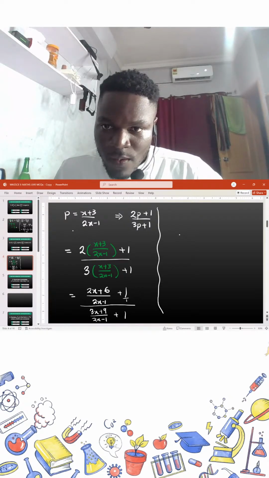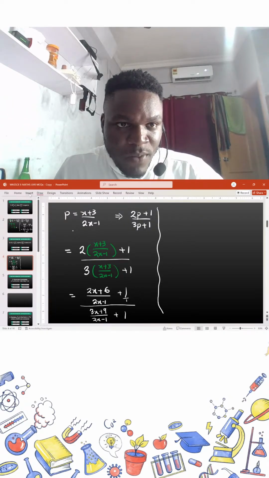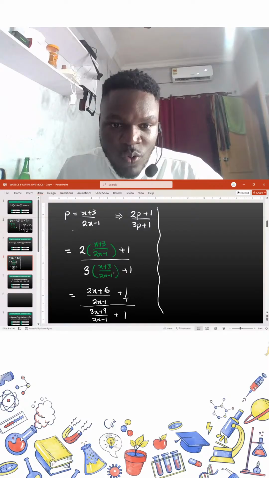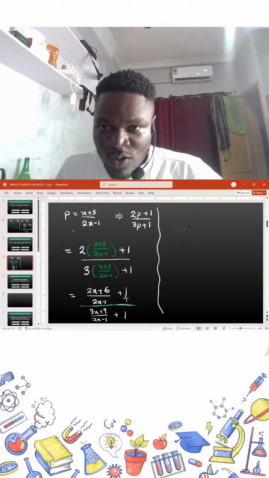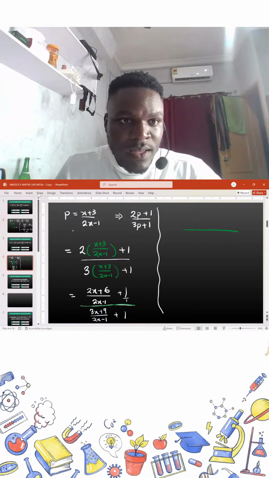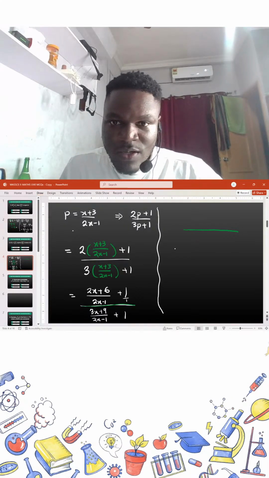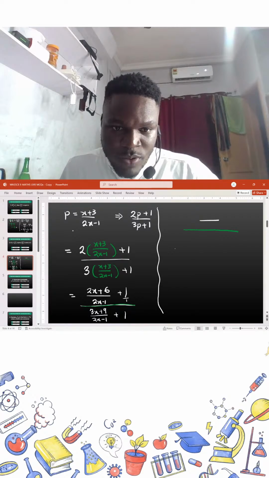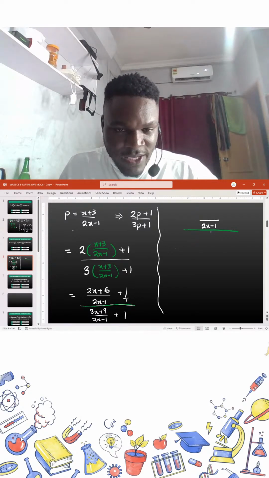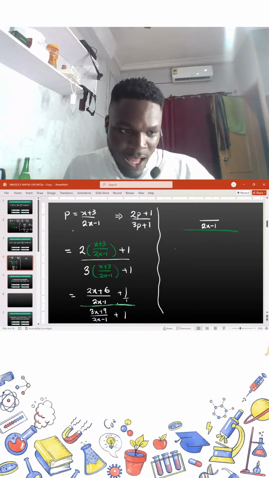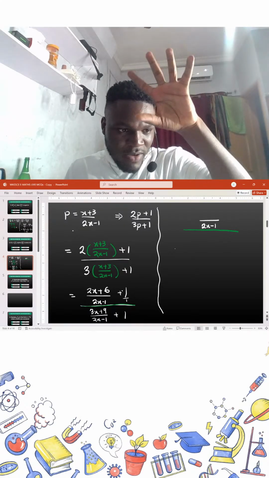Let me use a green line to separate them. So I'll draw that over here, and then we can proceed. I have my denominator as 2x minus 1, and I will now solve the problem I have at the top.